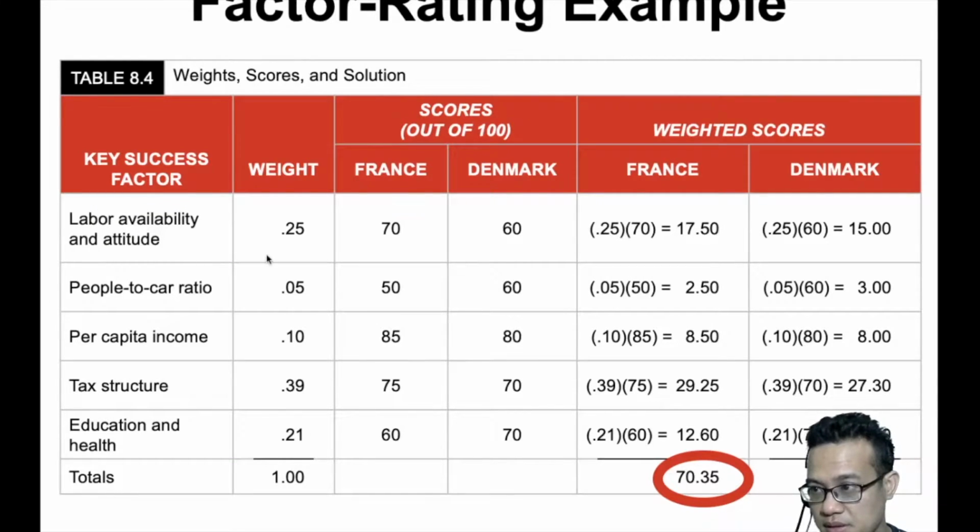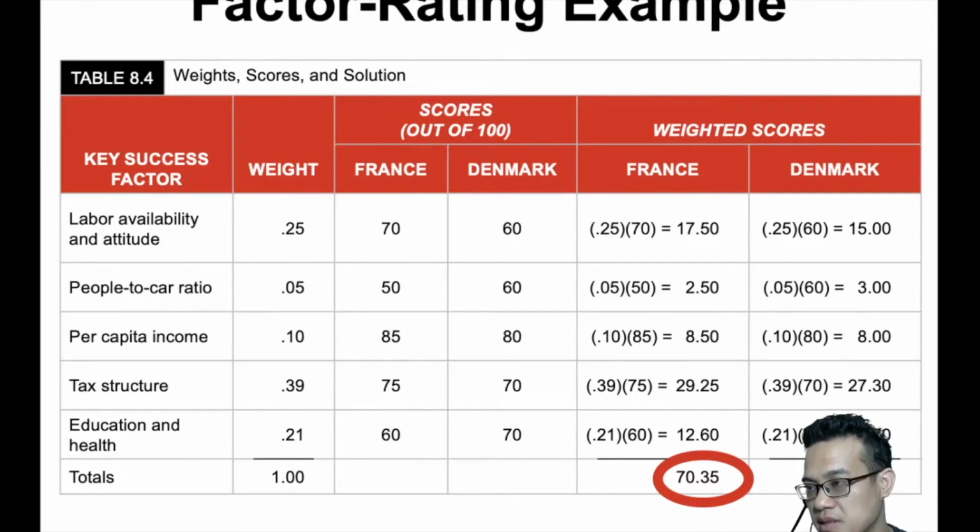The weights total 100%, but since they are put at two decimal points, you just use points: 0.25, 0.05, 0.10, 0.39, and 0.21, depending on the importance of each key success factor. Here, tax structure has about 39% importance, the highest among these five factors, followed by labor availability and attitude, per capita income, and the last one is the people to car ratio.